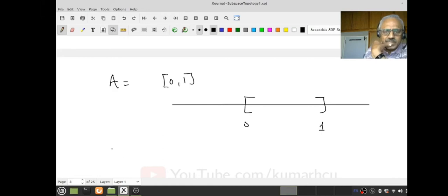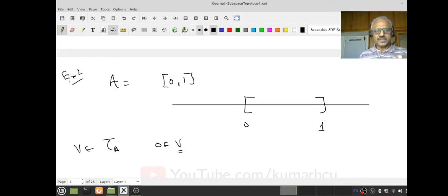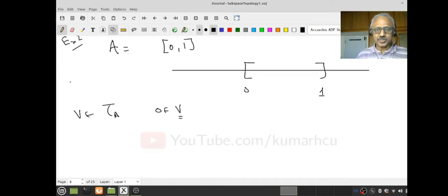Now let's look at what are the sets in tau A. Suppose V belongs to tau A and 0 belongs to V. I want a description of V. Again, I am trying to look at the simplest or typical or basic open set containing the given point in the subspace topology. So this V must be of the form U intersection [0, 1), right? And remember 0 belongs to this. Therefore 0 belongs to U, and U is an open set.